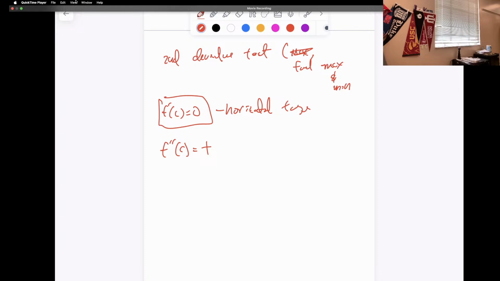Wait. 19, 12. 20, 12. Bigger number. Okay. Smaller. That's it?